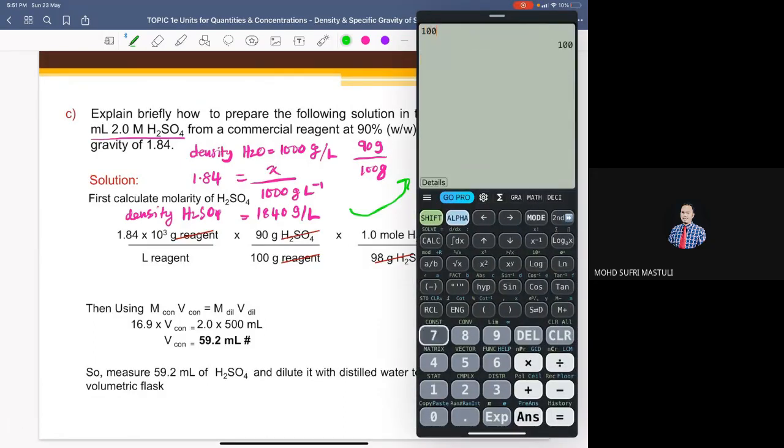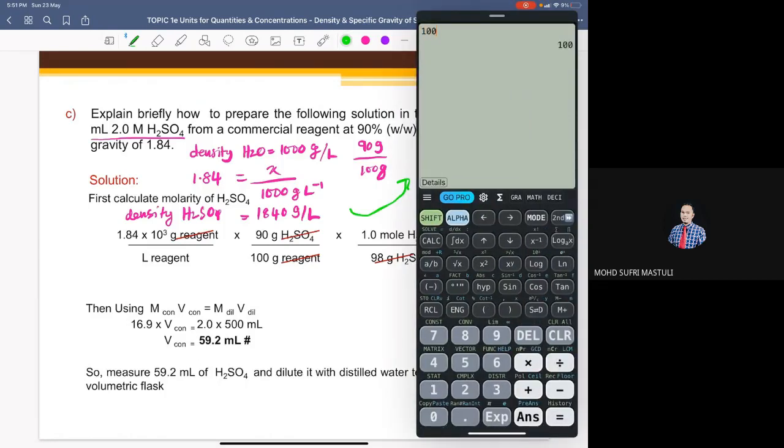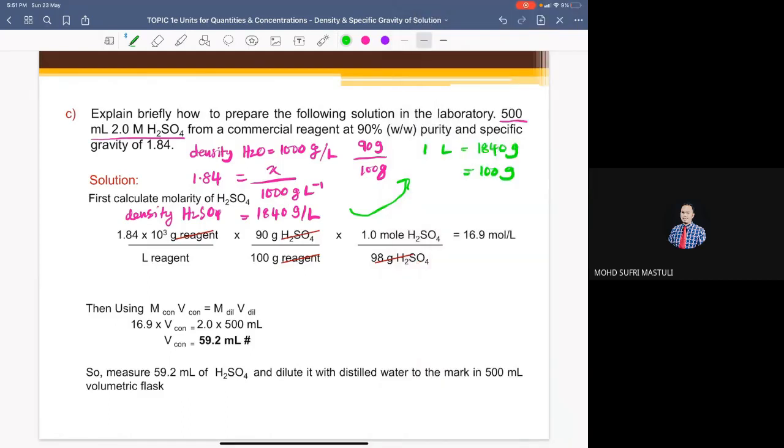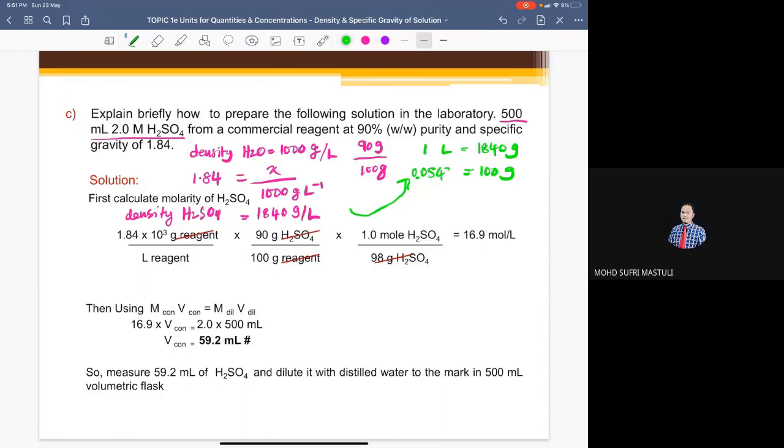It's 100 divided by 1840, so 0.05435 liter. So you already have the liter. So what else? So you need the volume.